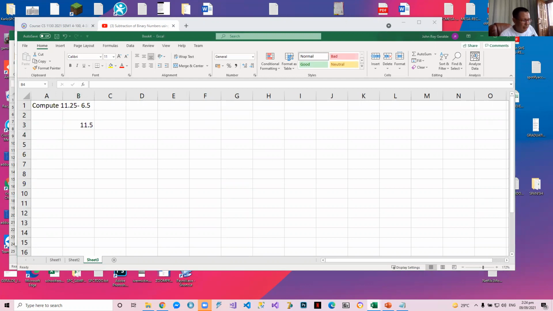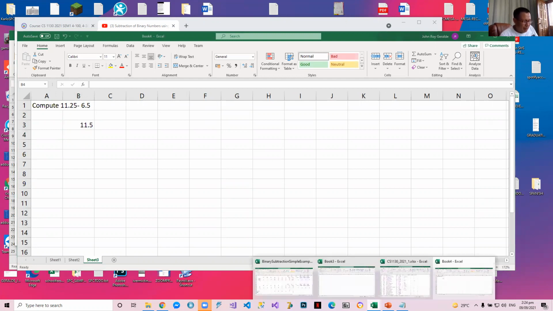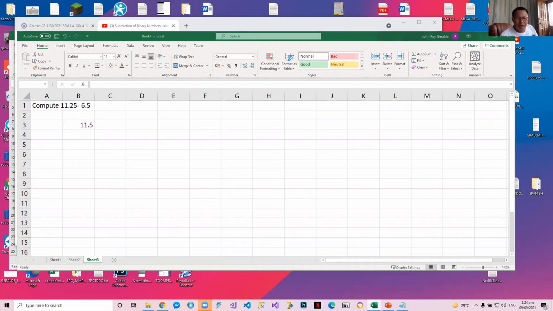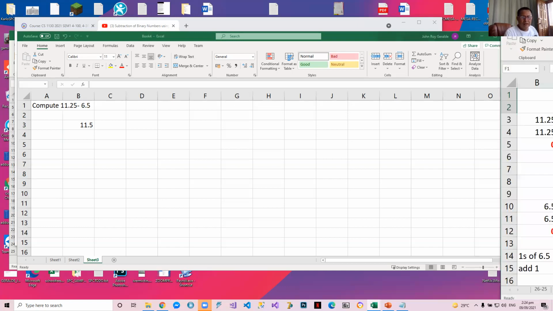So what table do we need? Let me just copy the table. For 11, we only need 8 down to 8. And for .25, we only need down to 1/4, okay? Let me copy this.